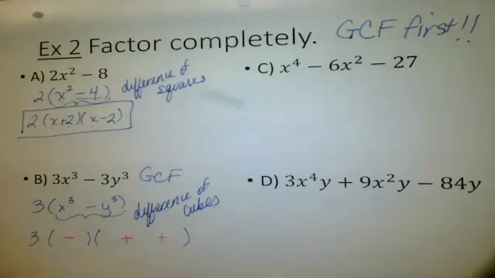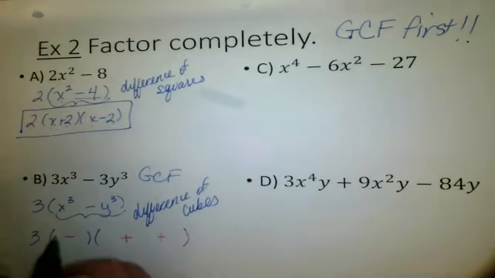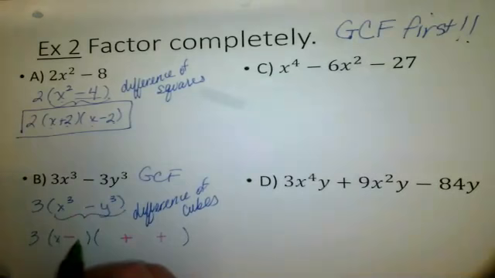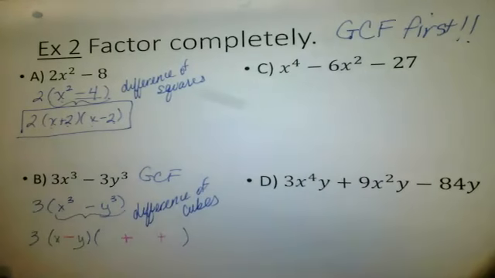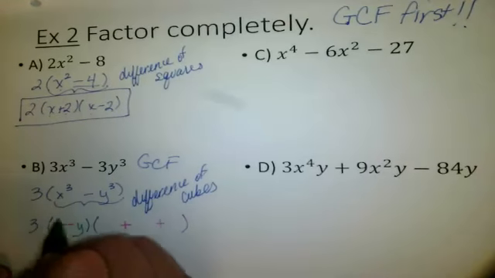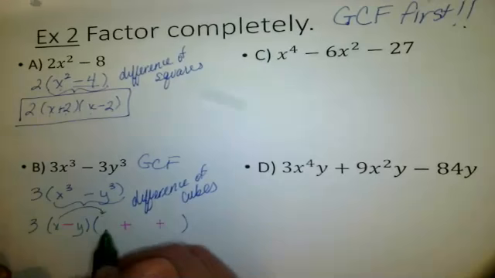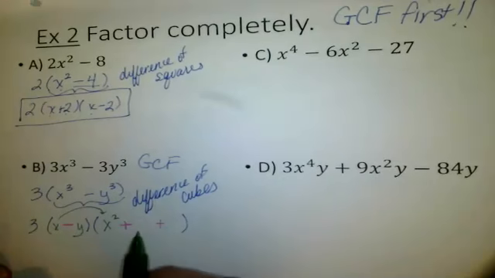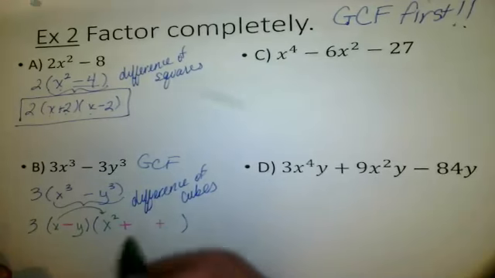All right? And what goes in the binomial then? X and y. And then how do you get the rest of that trinomial? Square the first. What's in the middle? XY.